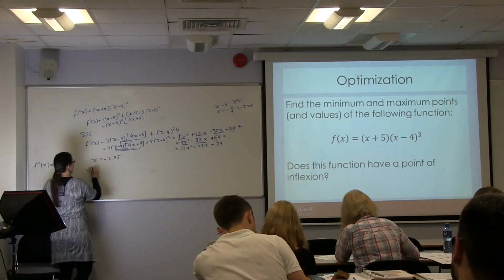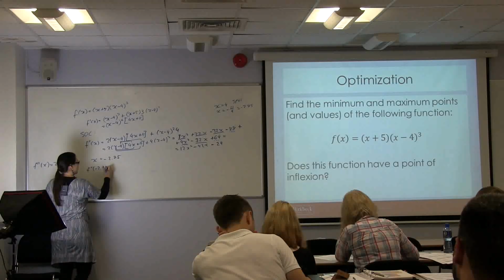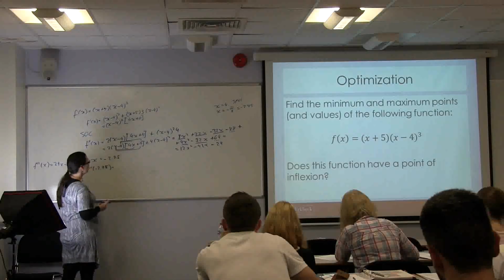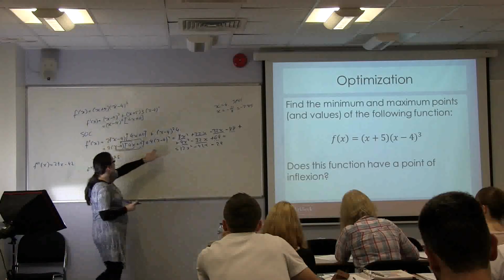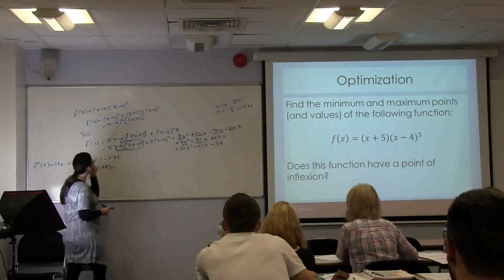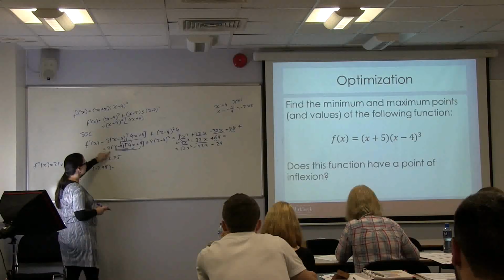So the second order derivative at minus 2.75 is equal to, and because we've got that nice and simple version here, or maybe we can see it easier from this one actually.